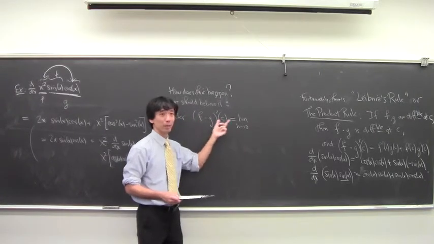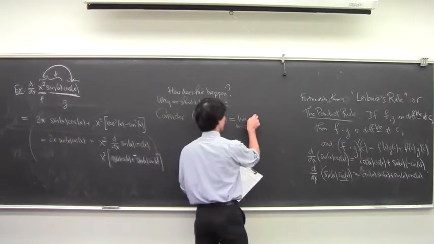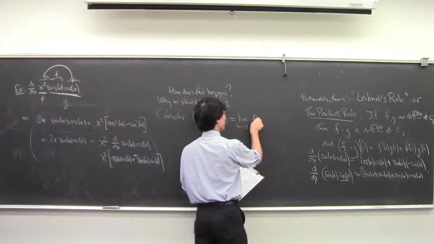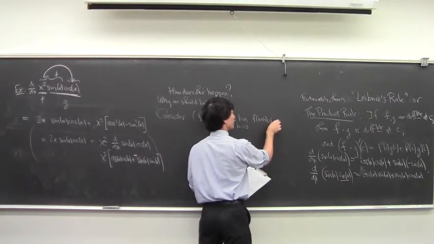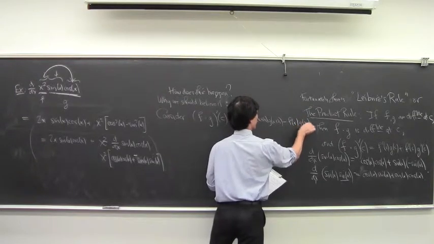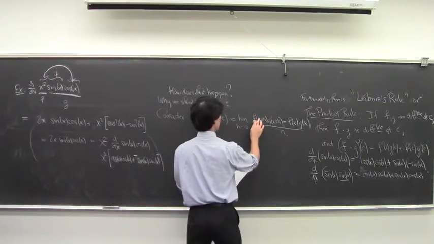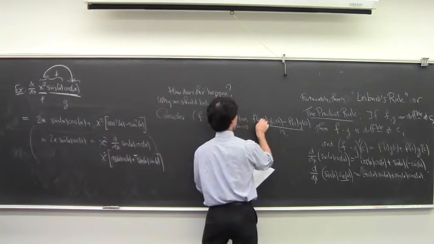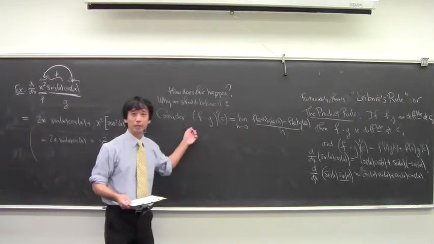The derivative of this function is going to be the limit of f of x plus h times g of x plus h minus f of x g of x, all over h. Let me call these guys c's because I called it c over here: f of c plus h, g of c plus h, minus f of c g of c. Great. That's the definition of the limit.